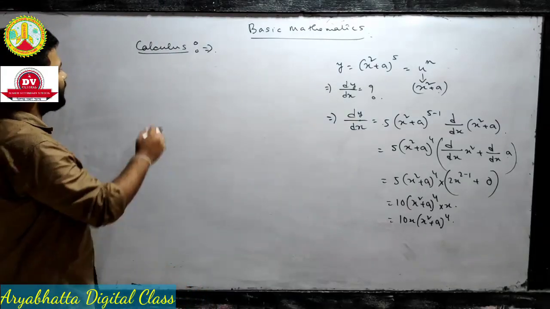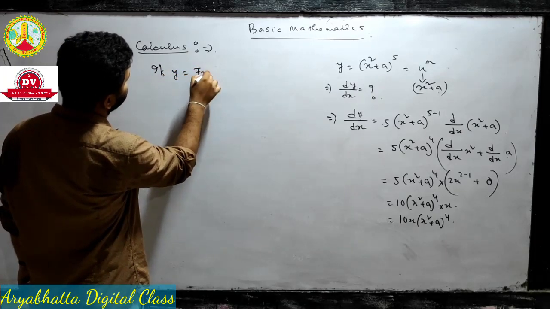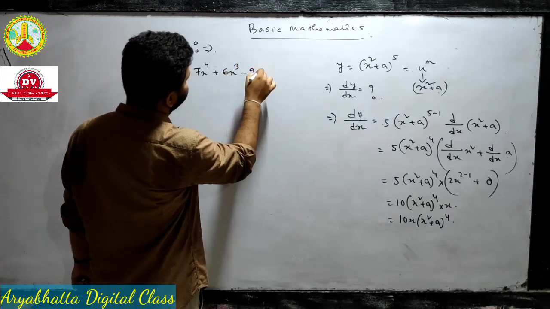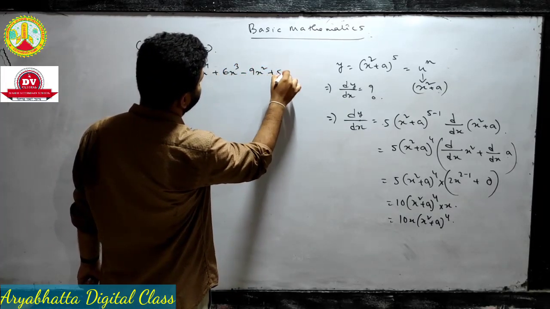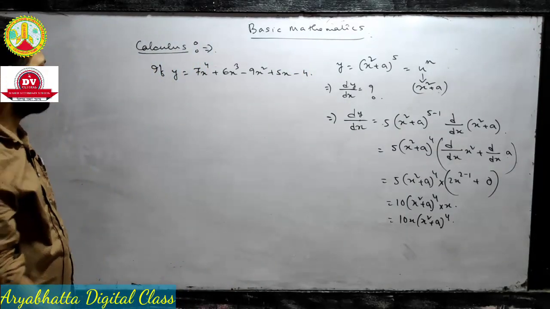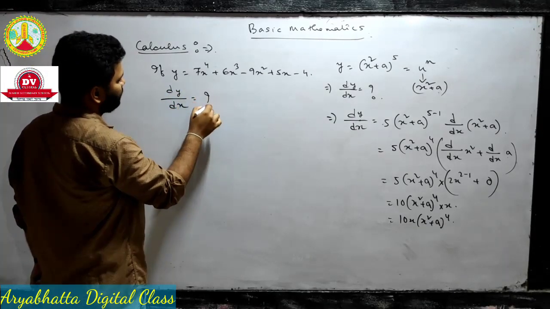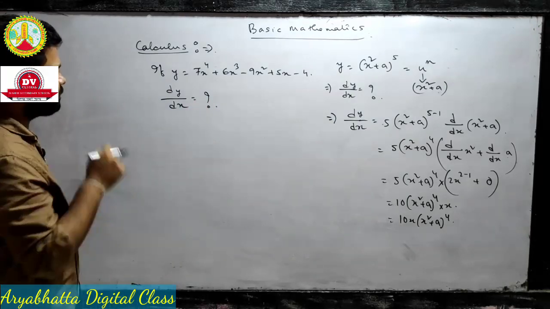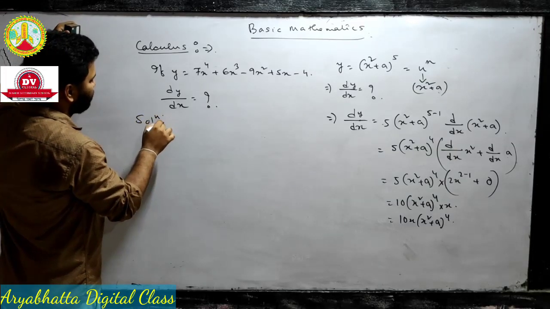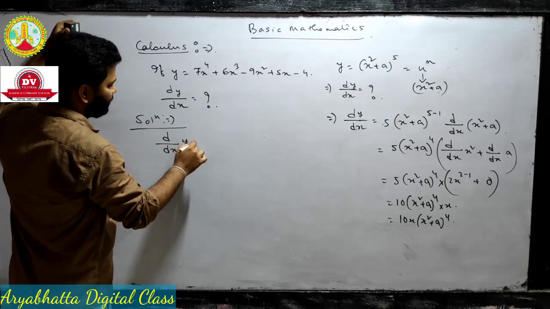Now if we are given this: if y is equal to 7x to the power 4 plus 6x cube minus 9x square plus 5x minus 4, we have to find dy/dx. So how will you do this solution? d/dx of y, what does it mean?